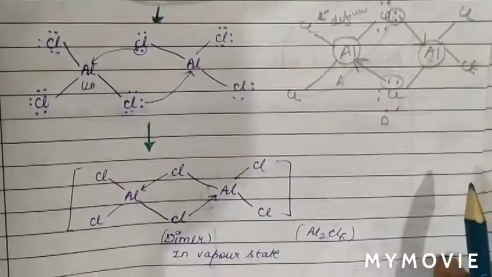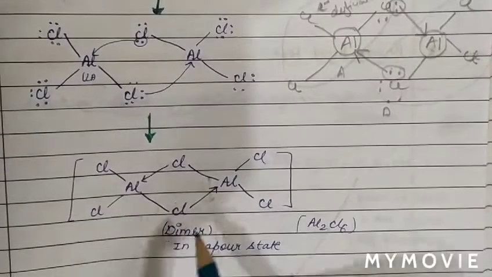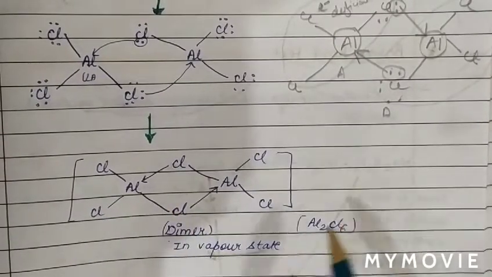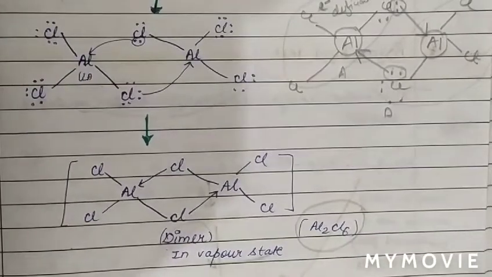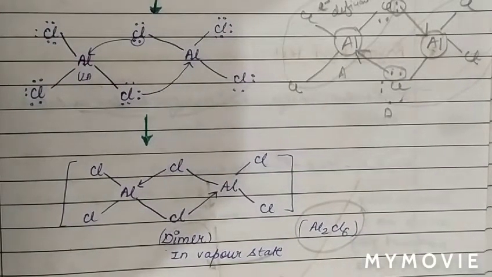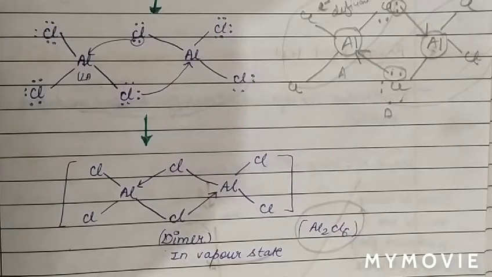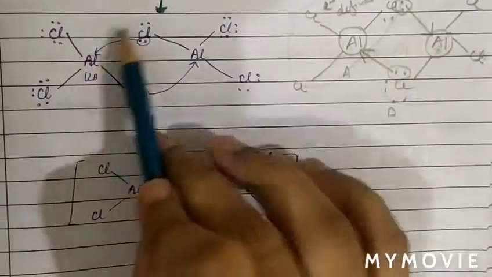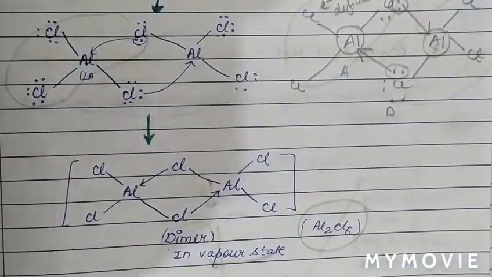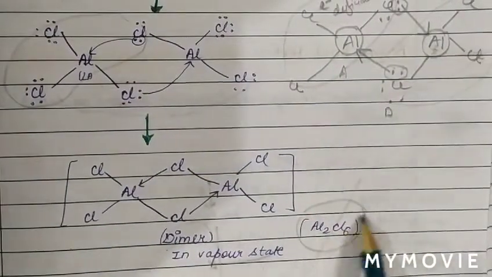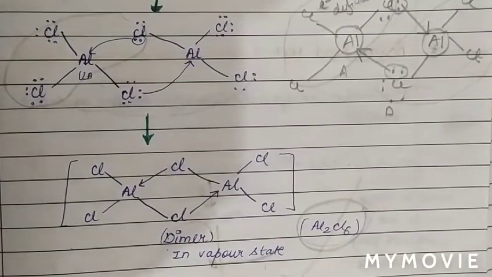See, it forms the dimer in vapor phase, which we call Al2Cl6. So always remember, in AlCl3 there is no possibility of back bonding. AlCl3 removes its electron deficiency by the formation of a dimer in the vapor phase. It forms the compound Al2Cl6.